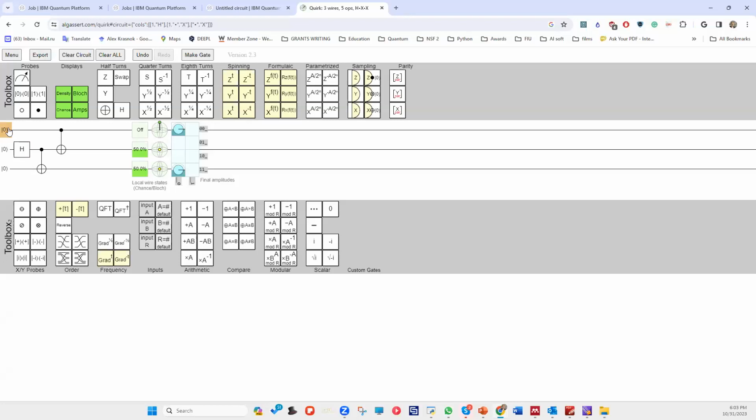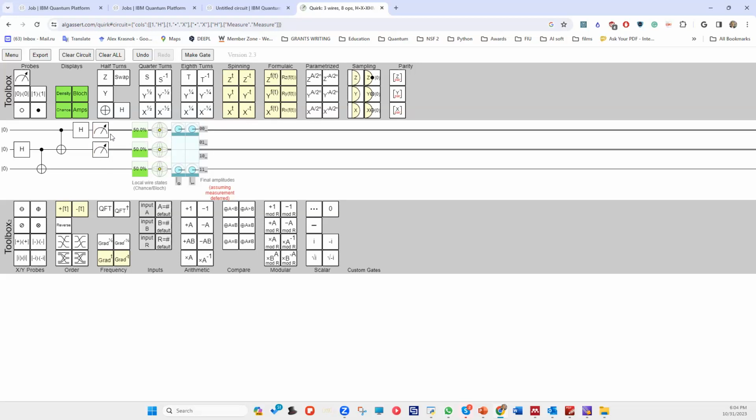All right, so the state of the qubit that we need to teleport is the first one. The second one is an auxiliary qubit on Alice's side. And the third one is Bob's qubit, as already said. Then I need to put the Hadamard here and measure the first one and the second one.